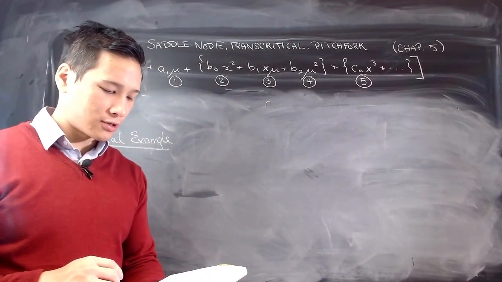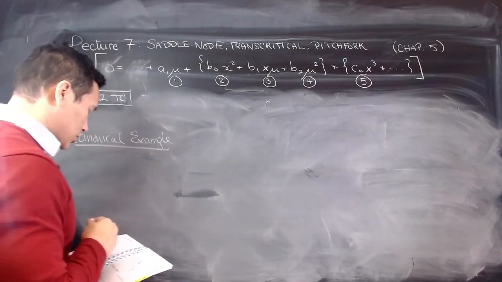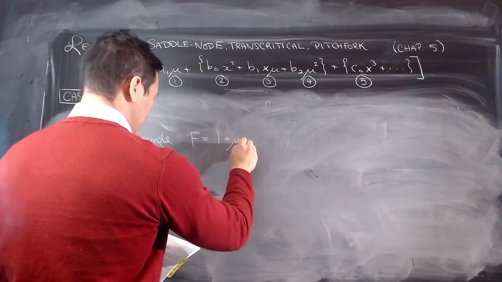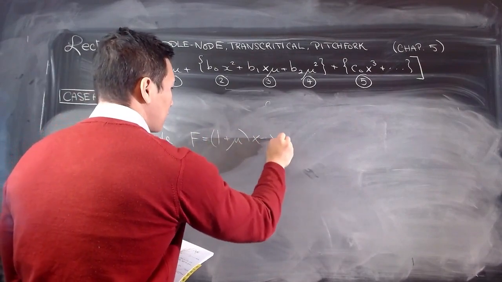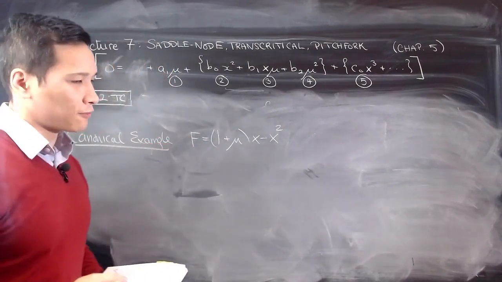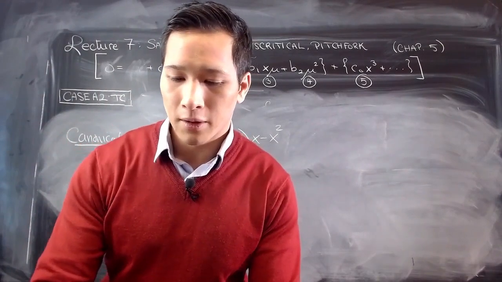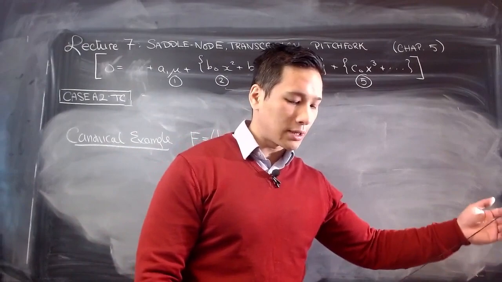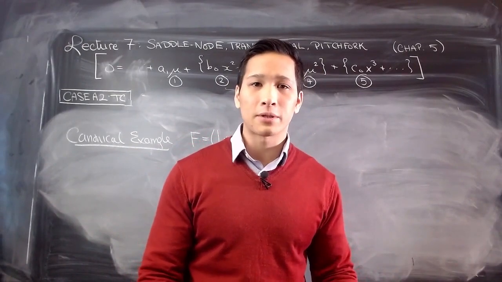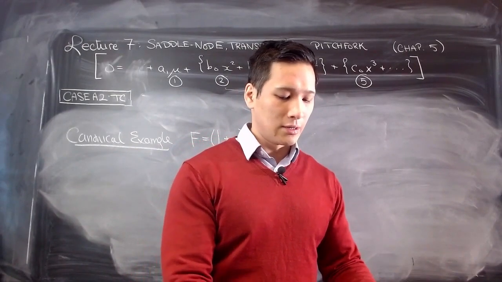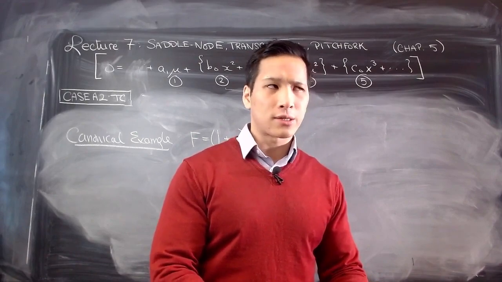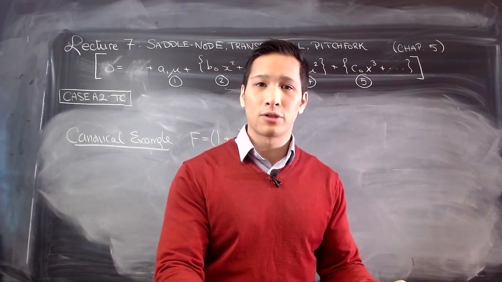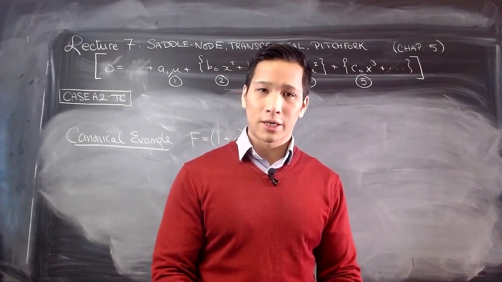Okay, now we want to return to our canonical example, 1 plus mu times x minus x squared, and we want to plot the two different pictures. In your homework and in exam problems, sometimes you're asked to plot cobweb diagrams, and this is something I need to address in a separate class to give you tips on how to do it in an organized fashion.